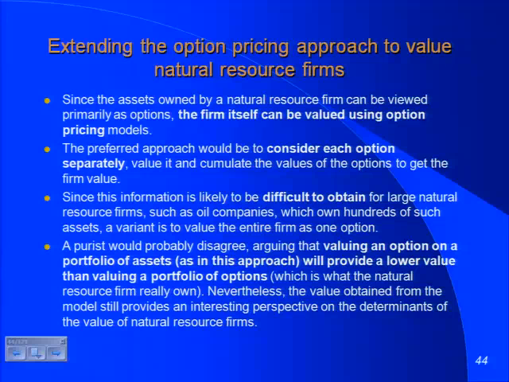I'm going to argue that in this case I'm going to be able to get away with doing this. Here's why. What's the only variable I've assumed in the oil reserve valuation? The only thing I'm uncertain about is the oil price, right? So if I have 1,000 reserves, and the only variable that I'm uncertain about is the oil price, all 1,000 reserves are perfectly correlated with each other. If oil prices go up, they all go up in value. If oil prices go down, they all go down in value.